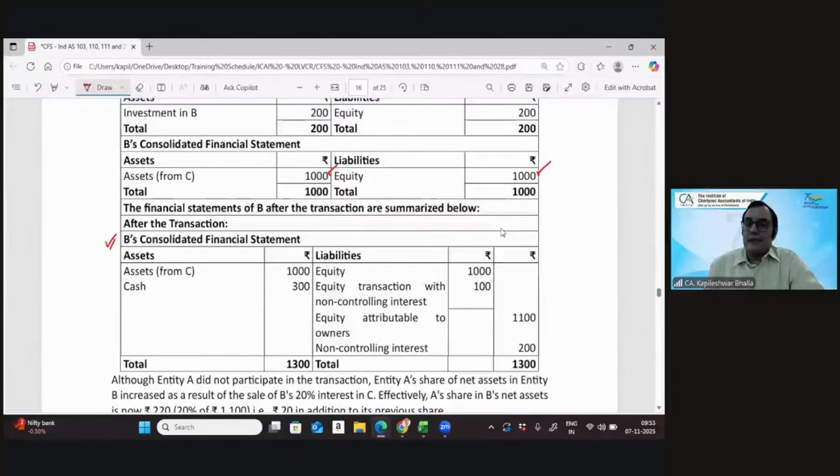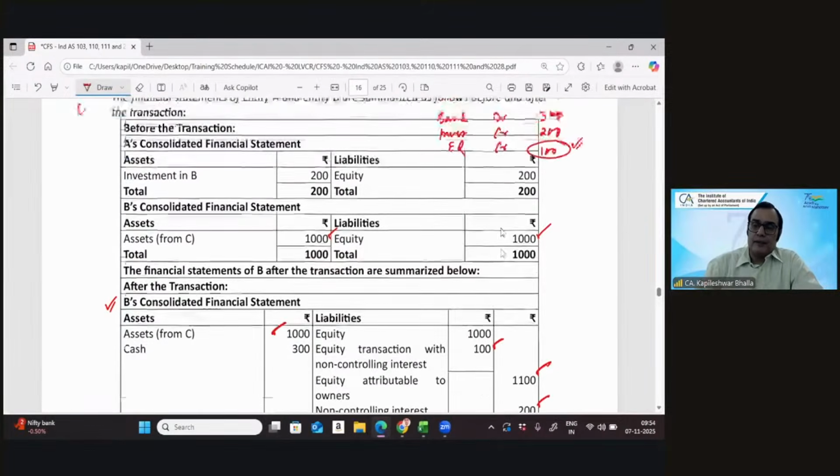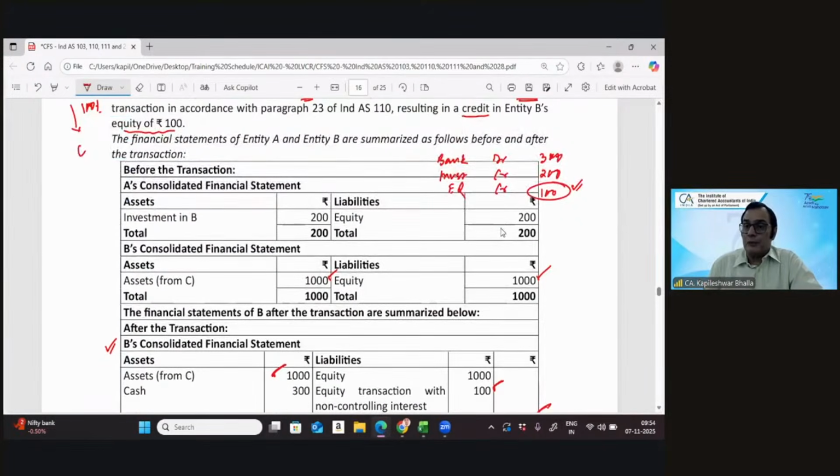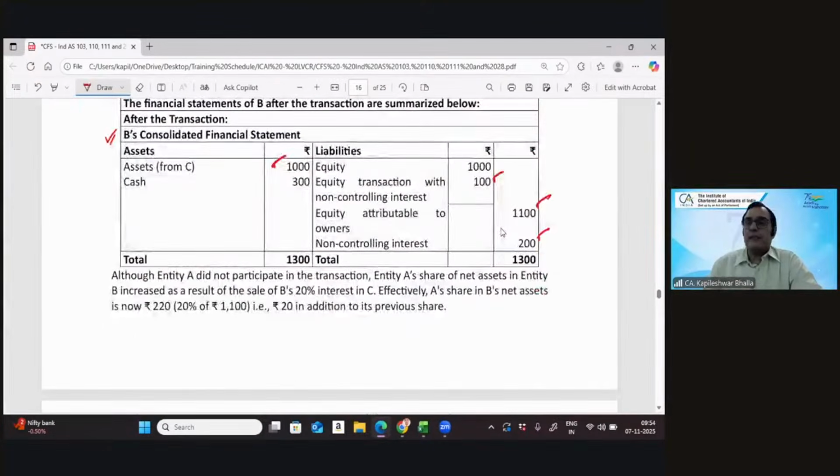The assets remain the same, but this is increased by 100. Whatever is the profit on equity changes the equity to 1100. The NCI appears at 200. I think I've written investment there, it should be NCI. So the NCI gets a credit to the extent of 200, and the cash comes to 300.